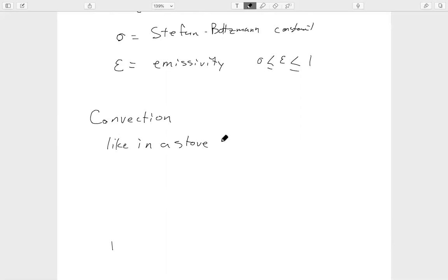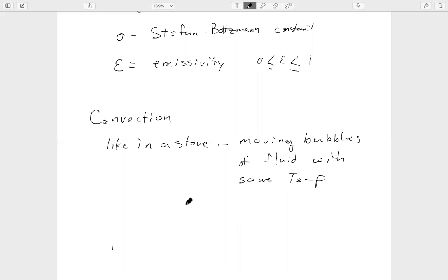So think about what happens in a convection oven. It's just a fancy way to say you turned on a fan. The idea with convection is that you are moving bubbles of fluid with the same temperature.